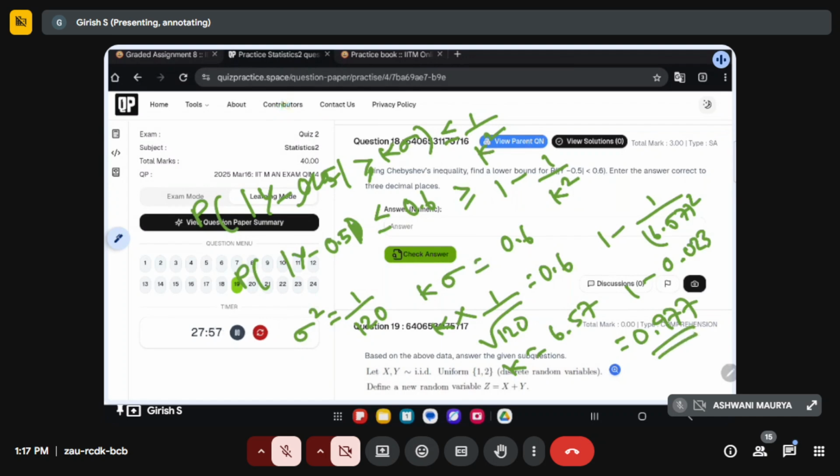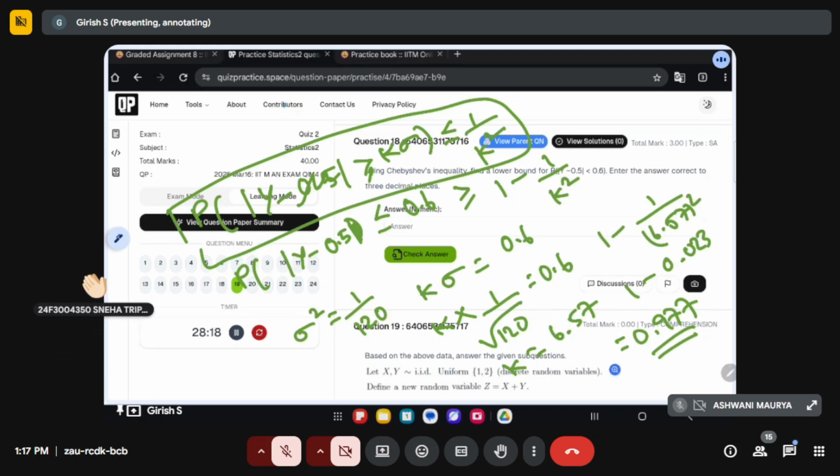Did you understand the approach, like how to solve this? Probability of y minus mu greater than k sigma is less than 1 by k square. This is your Chebyshev inequality, and I just converted it for less than. This is for greater than, so for less than the sign gets reversed, and this becomes 1 minus 1 by k square.